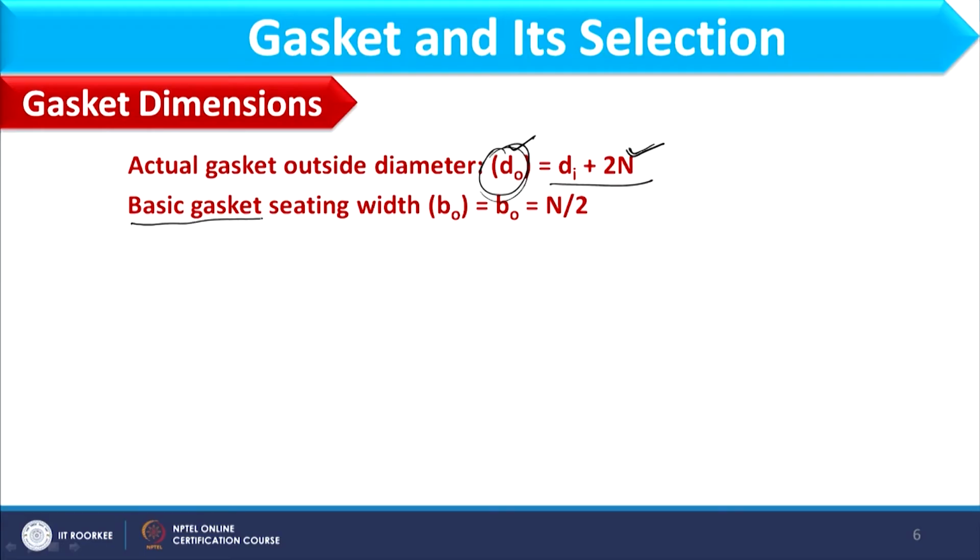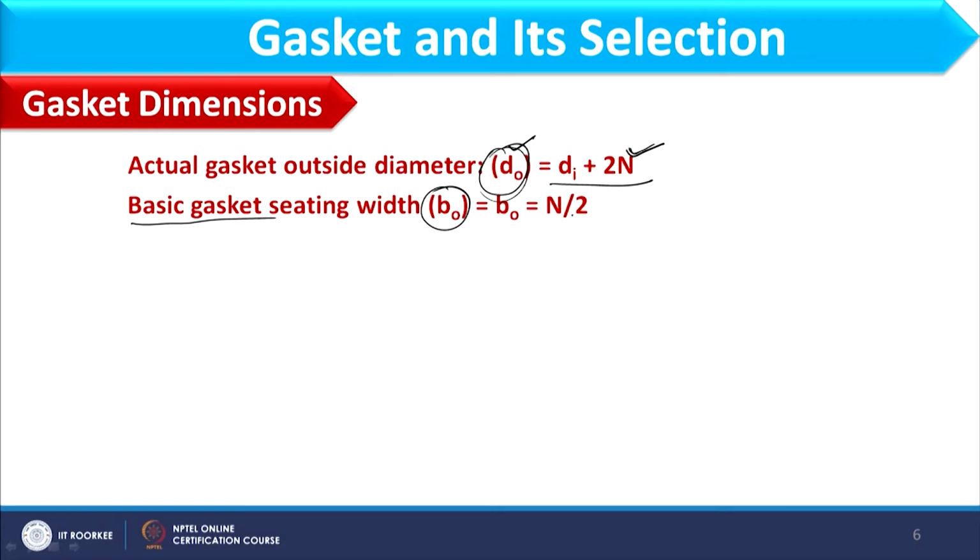So, to find out effective gasket width, first I have to focus on basic gasket width, that is B0. B0 will not have any physical existence or physical significance, it will only be used to find out effective gasket width.